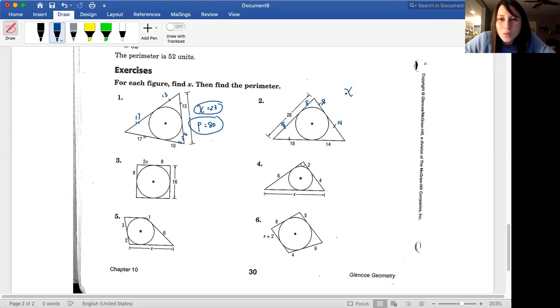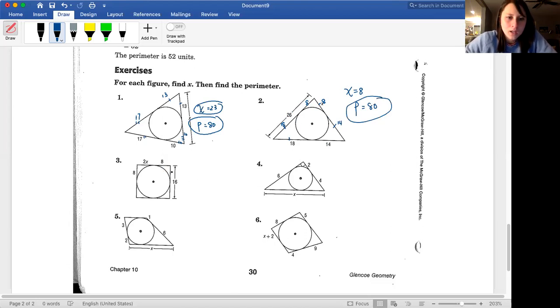So x equals 8. And then add them all up. If you know this is 26, plus 8 plus 14 plus 14 plus 18. And ooh, the perimeter is 80 again. I hope I did that right. So perimeter is 80 again.